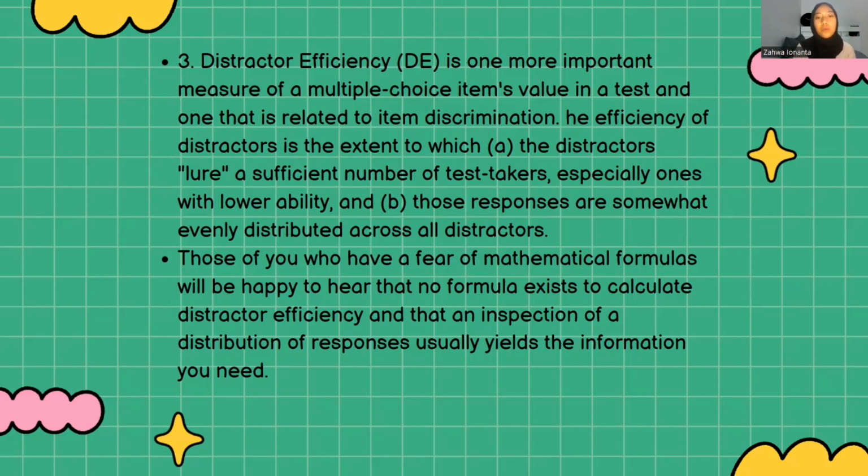Those of you who have a fear of mathematical formulas will be happy to hear that no formula exists to calculate distractor efficiency and that an inspection of a distribution of responses usually gives the information you need.